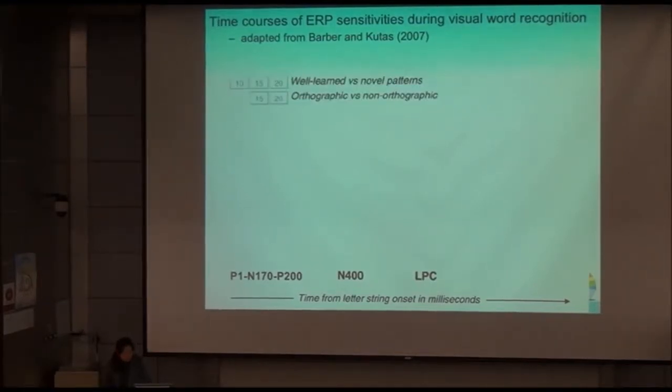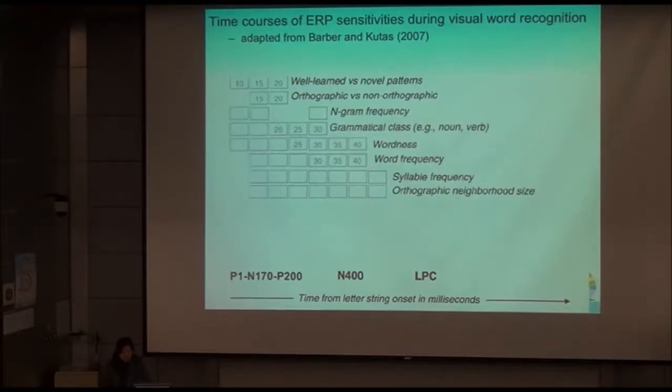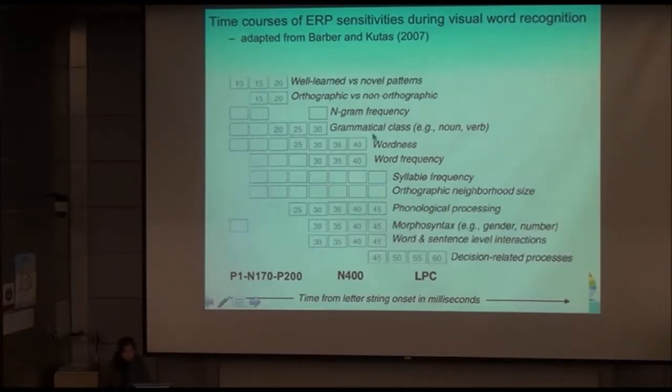For example, the N1 and N170, P2 and so on are sensitive to the orthographic pattern, and frequency and word class are sensitive to the N400, and there are later components such as the LPC, which is related to morphosyntactic processing, and so on.